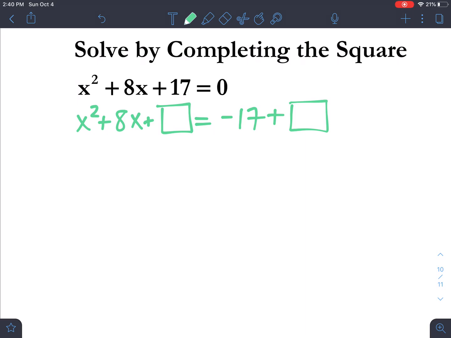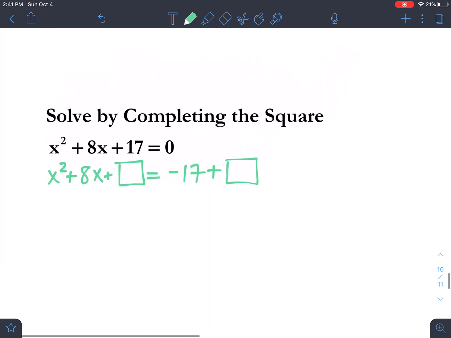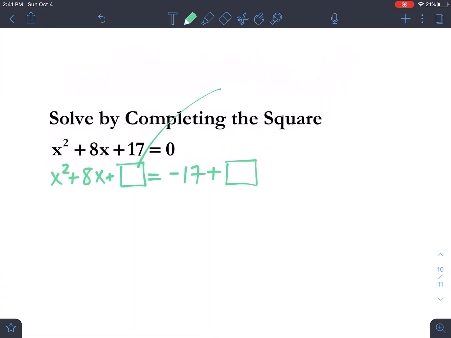And we want to recreate this to be some type of polynomial that factors to this, like (x + something)², so that we can square root both sides. So how do we pick what goes in this square? What we're going to do is (b/2)².